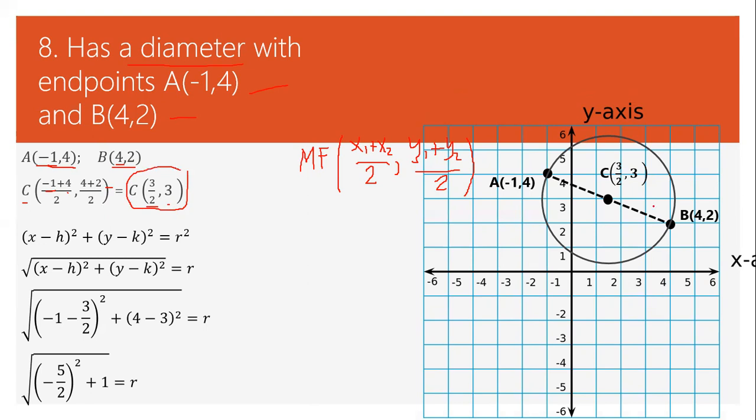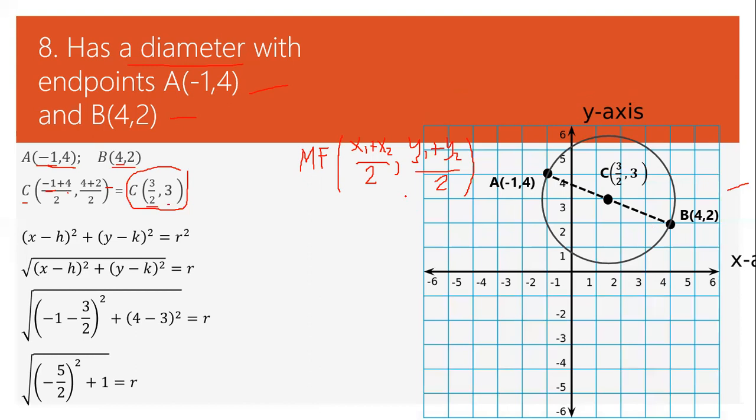So that is the center of our circle. Since we have the center, we can now get the radius of our circle using one of the endpoints.